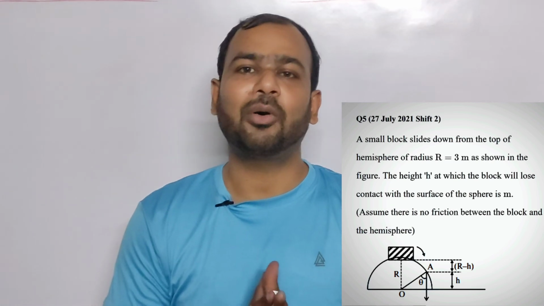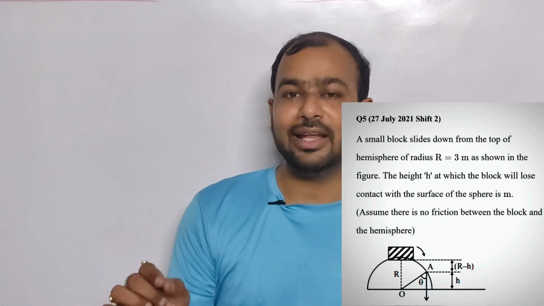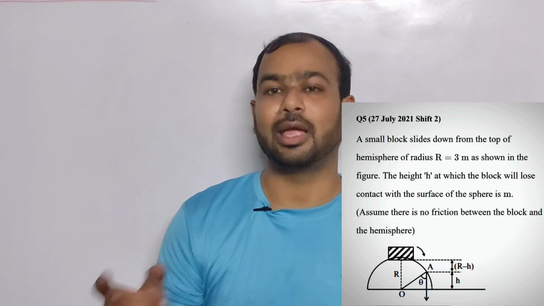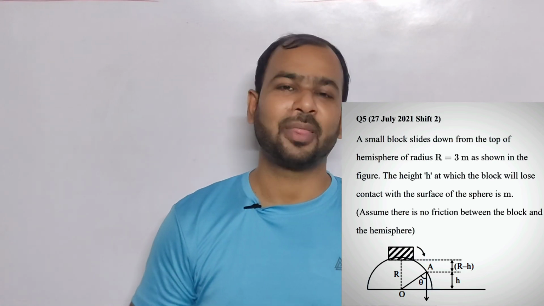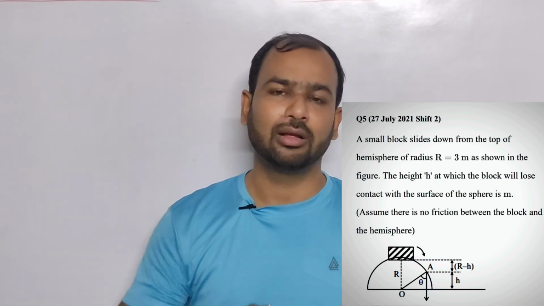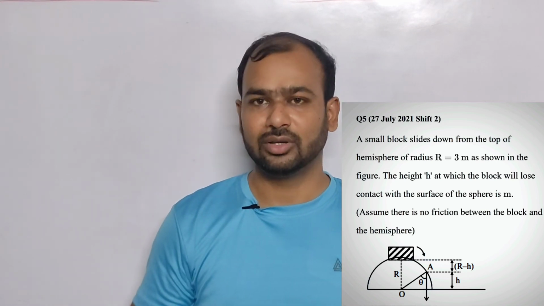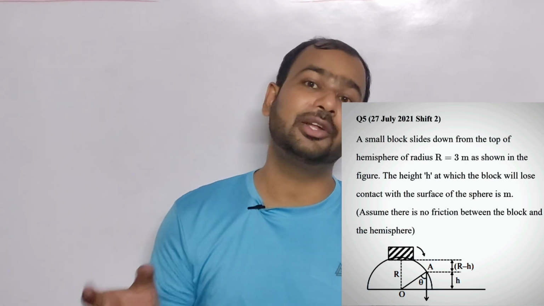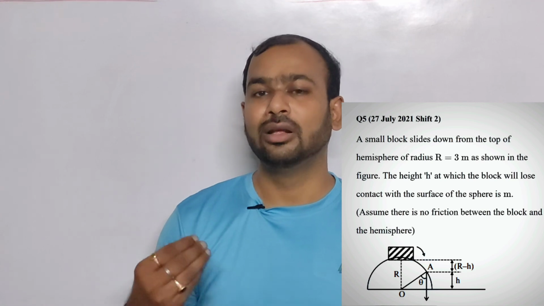Let us think about the motion before it loses contact with the surface. The body will be executing a circular motion. In case of circular motion, the centripetal force needs to be balanced. Here it will be balanced by the component of force.